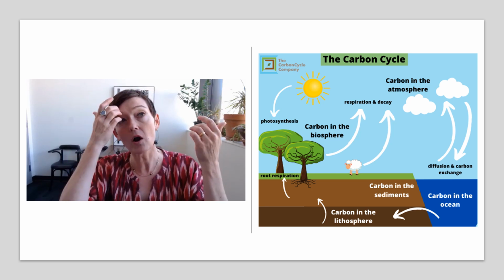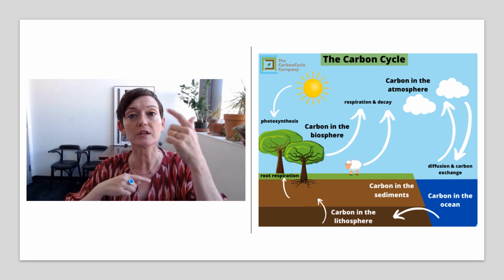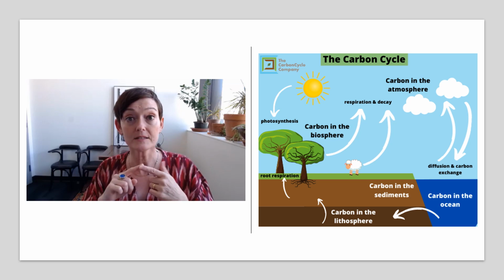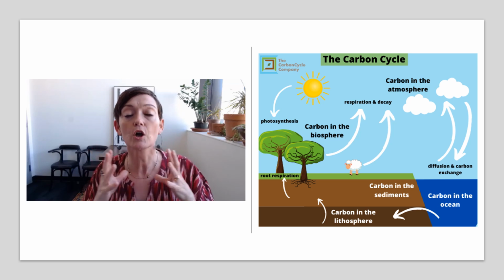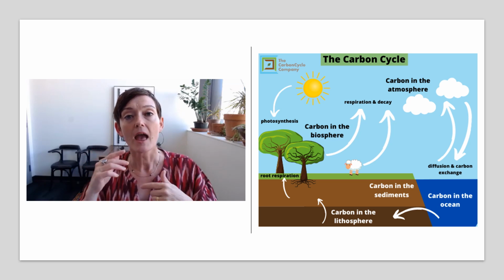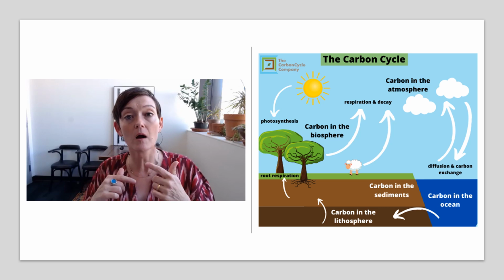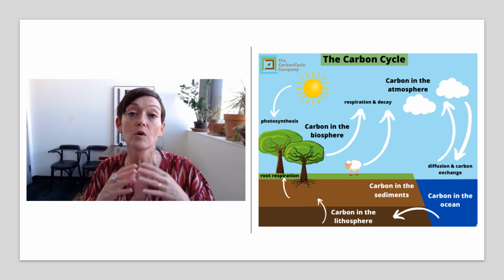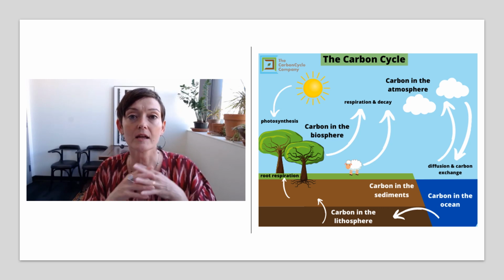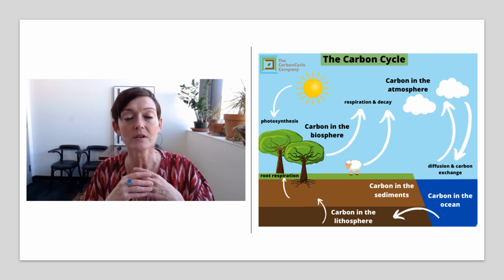So the carbon in the atmosphere circulates through plants, which are primarily composed of carbon, and it circulates through ocean life, particularly in the form of plankton and plants that live in the ocean.